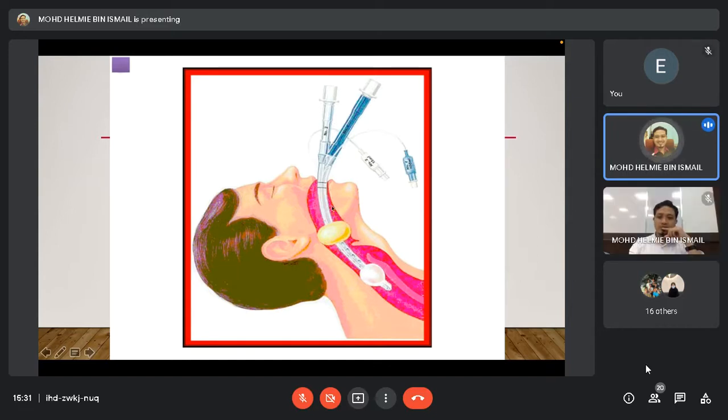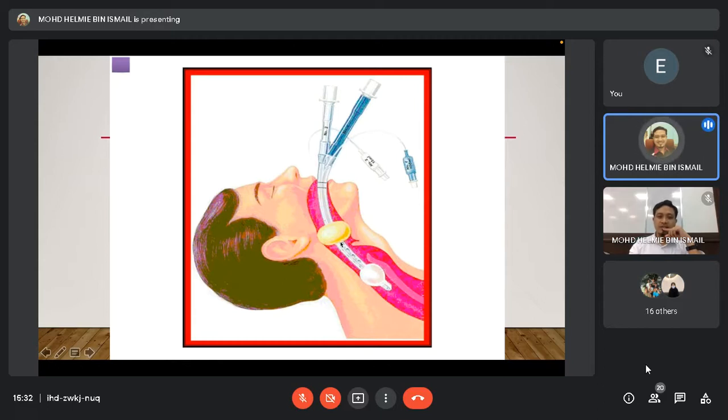Basically, when the tube is inserted into the esophagus, you can use this vented tube to give ventilation to the patient through the trachea.